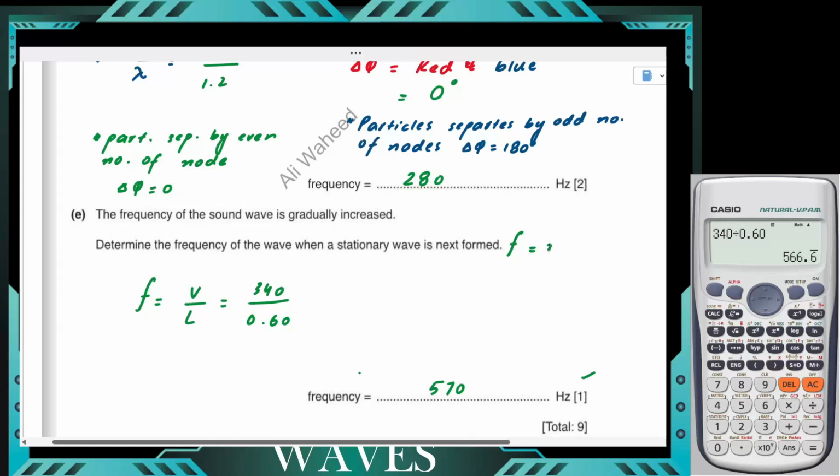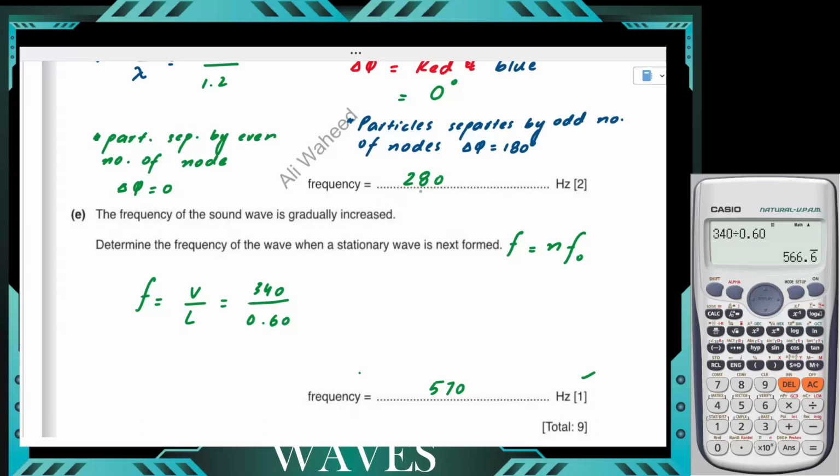The other thing is the new frequency. The general formula is very simple. If you have to find the frequency of the first harmonic, just insert the value of n as 1. The second harmonic would be formed at 2 times the first one.